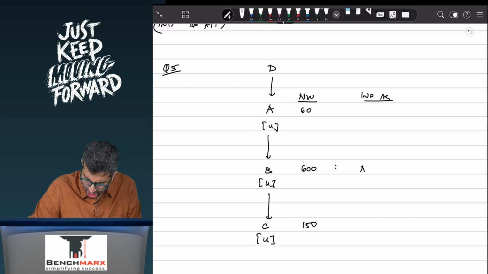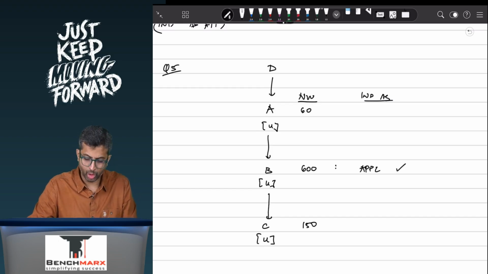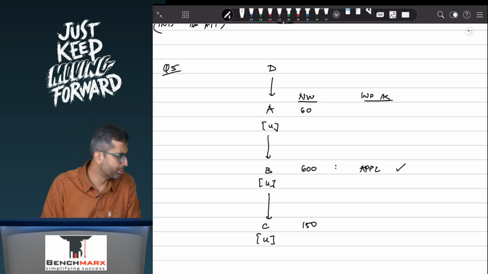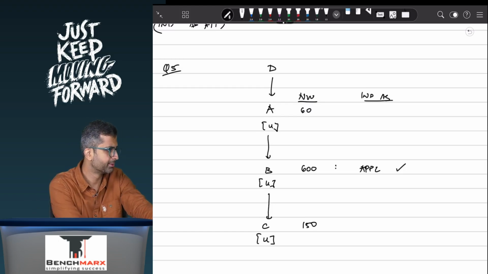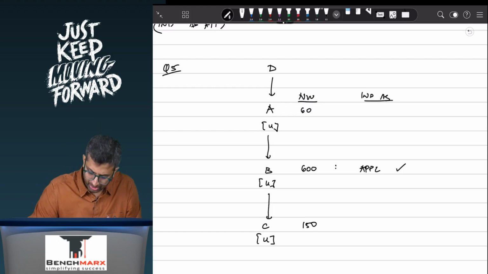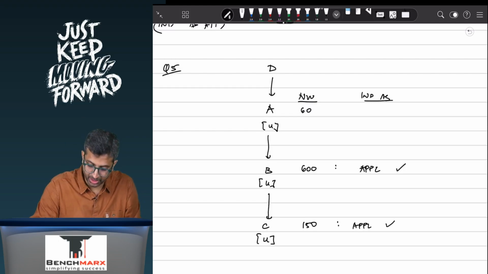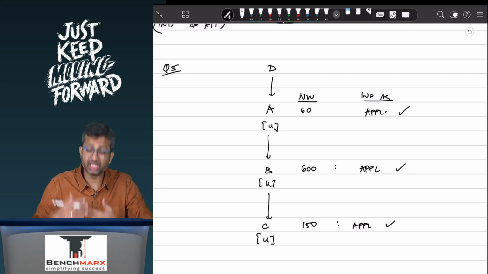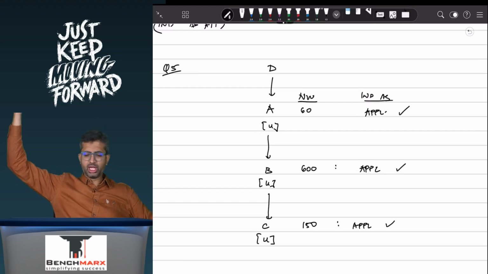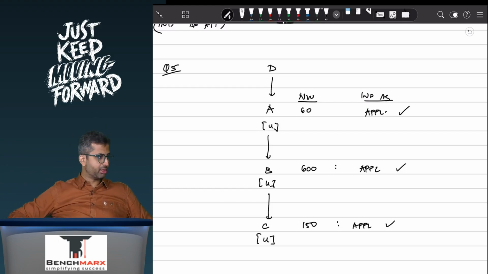Now, because Ind AS is applicable to B, will it be applicable to C? Yes, because it is its subsidiary, not a fellow subsidiary. Will it be applicable to A? Yes, because it is its parent. In fact, if they were asking you for D also, it will be applicable.